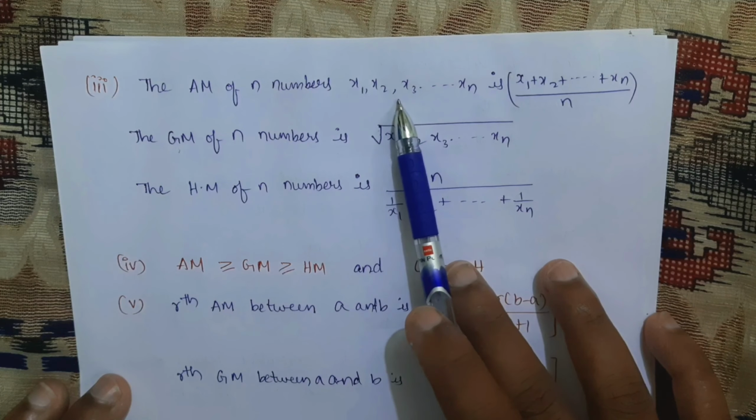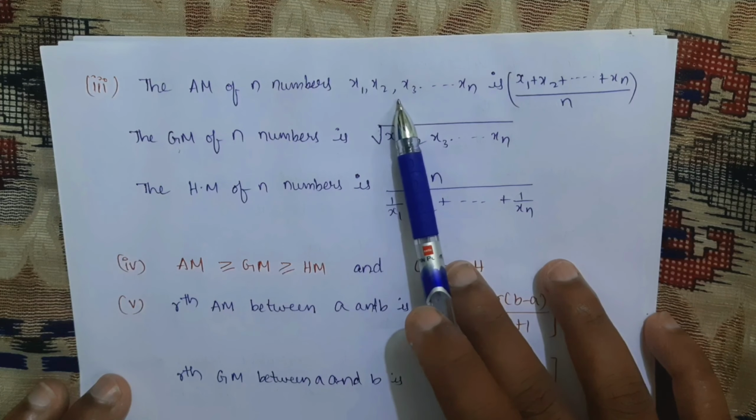And then next, this may be a new topic for you, that is the arithmetico-geometric series, which in short we can write as AGS. In this series you will get terms in terms of arithmetic progression and also in terms of geometric progression. Let us see.